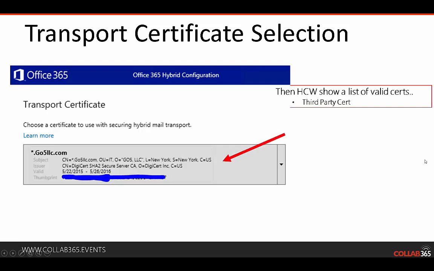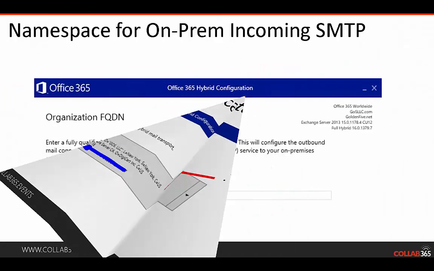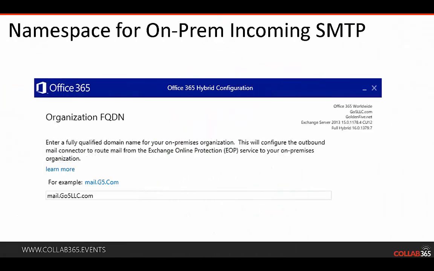It will show all the valid certificates there, which you can use, and you have to select from there. SMTP service will be assigned to this. The certificate has to be installed properly on Exchange. It does not support self-signed certificates.